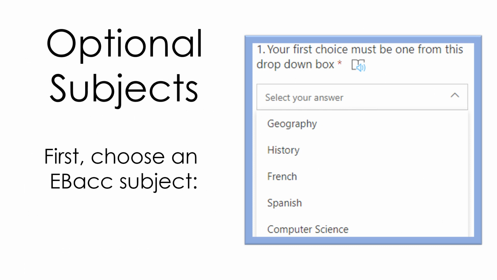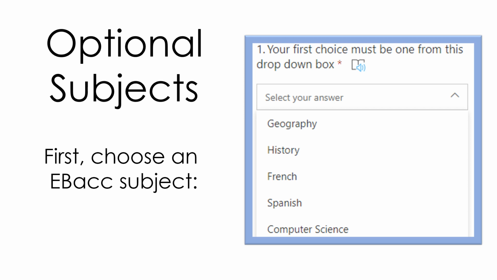So when you get your option form, the first question will be that you need to choose one EBacc subject that I referred to on the previous slide. So all students at Tratheris, as they do at all schools, will have to choose to study one of these 5 subjects that are on the slide now.